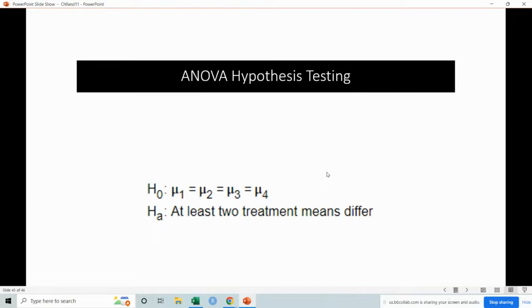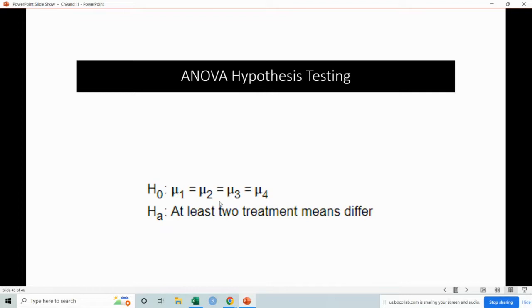So, the Anova hypothesis test. Basically what it's saying is you have all these groups, and the null hypothesis is that the means for all the groups are exactly the same. So it looks like we have 4 groups here, so the mean of group 1 is equal to the mean of group 2 is equal to the mean of group 3 is equal to the mean of group 4. And the alternative is always easy. It just says at least 2 treatment means differ.